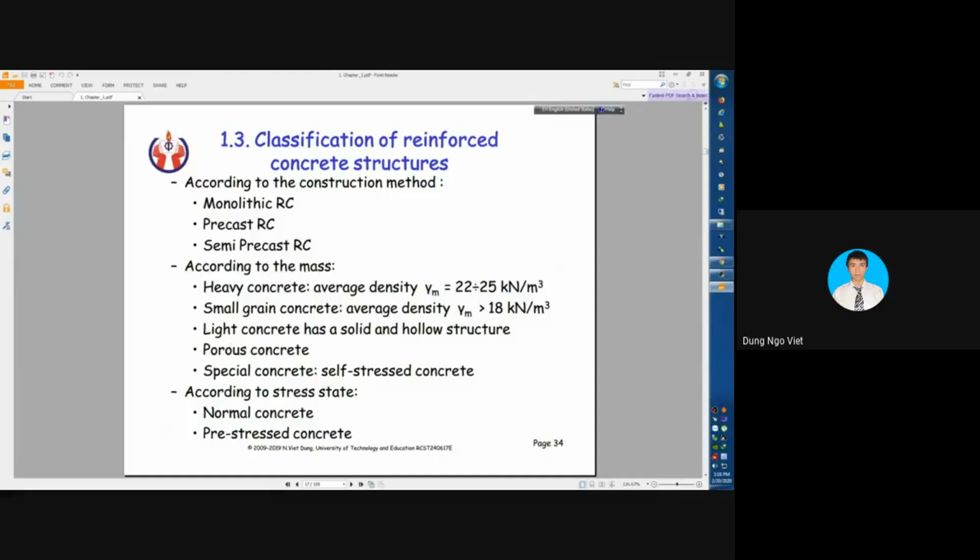And for large concrete, we have solid or hollow structure, and we have porous concrete and special concrete like cellular concrete. And according to the stress state, we can divide reinforced concrete structures into 2 groups: normal concrete and pre-stressed concrete.